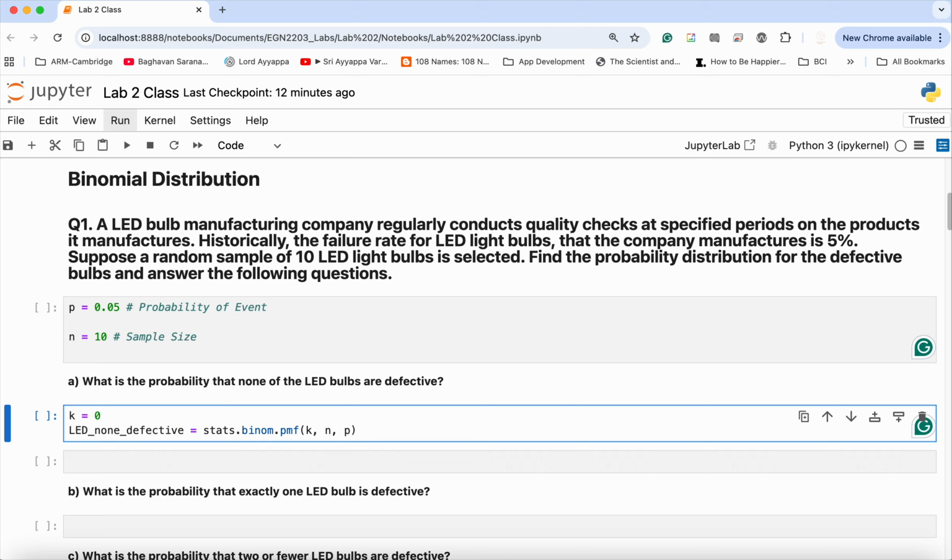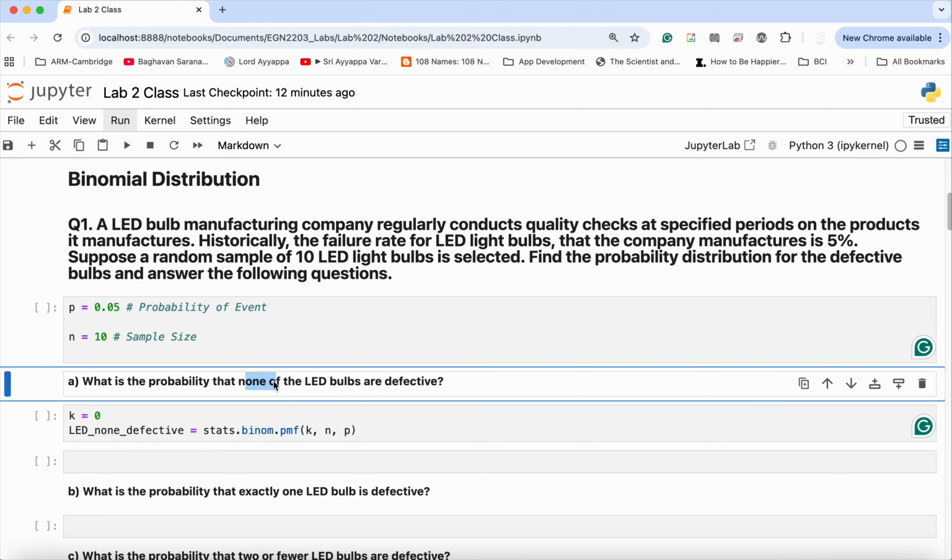Why k equals 0? Because k is a number that tells us which particular instance we are looking for. With 10 LED light bulbs, when we draw 10, it could be that none of the bulbs are defective, one bulb is defective, 5 bulbs are defective, and so on. So k equals 0 here means we are looking at the probability that none of the LED bulbs are defective.